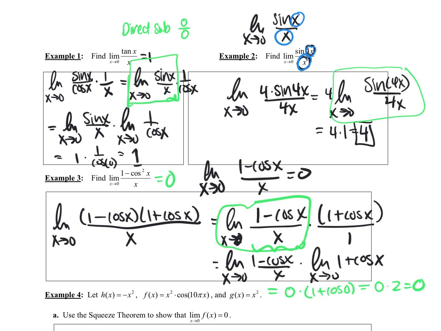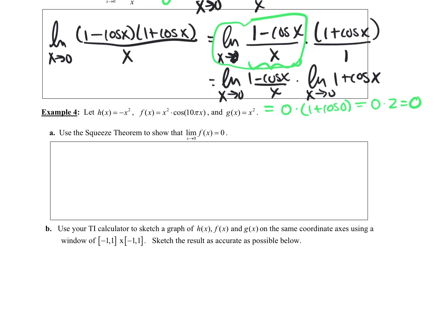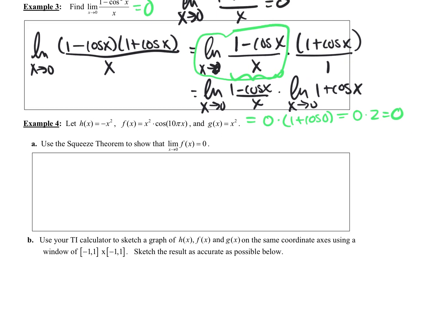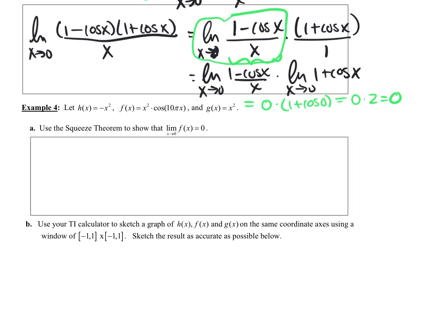All right, let's do one more squeeze theorem example here. So we have this function here, f of x, and we want to show that the limit as x approaches 0 of this function is equal to 0.